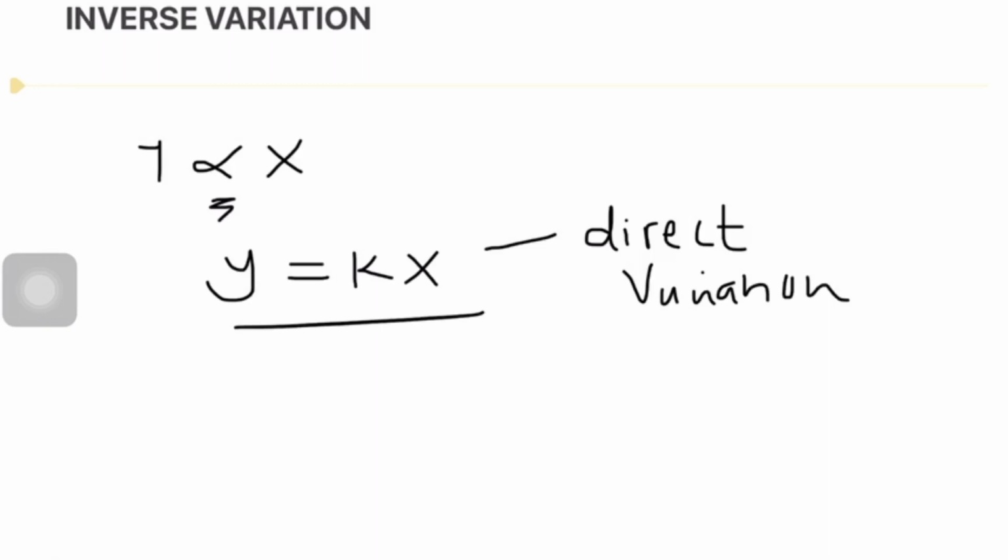Now, since the inverse is the opposite of this, if y varies inversely, then y varies as 1 over x.